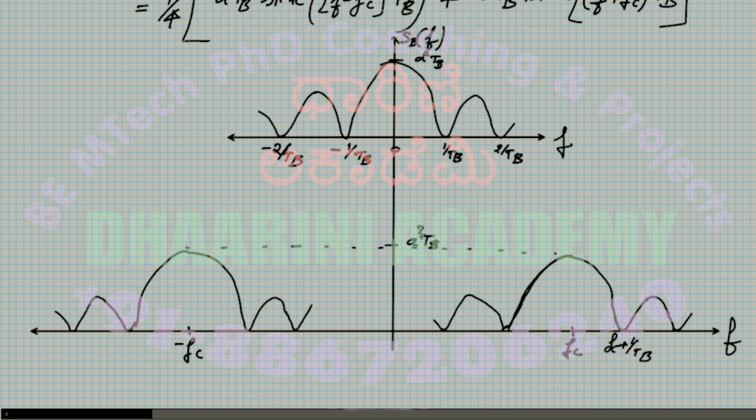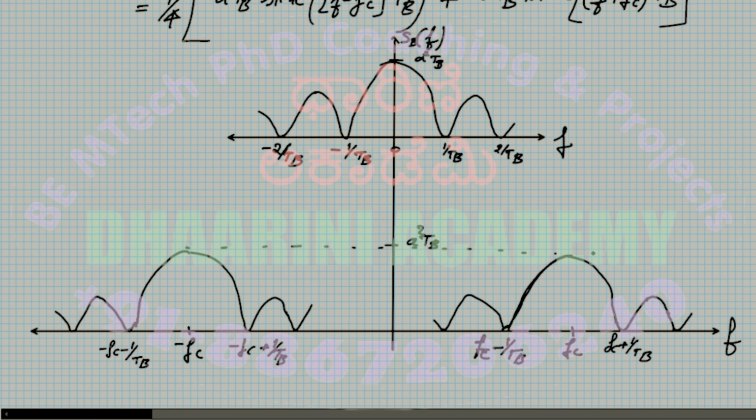Similarly, on the other side, I have minus FC plus 1 by TB, and the left side of that will be minus FC minus 1 by TB.